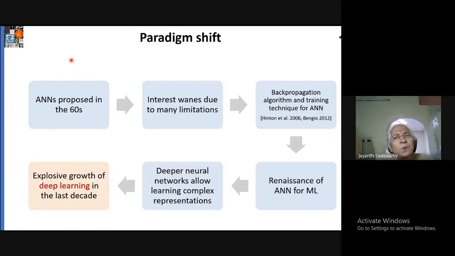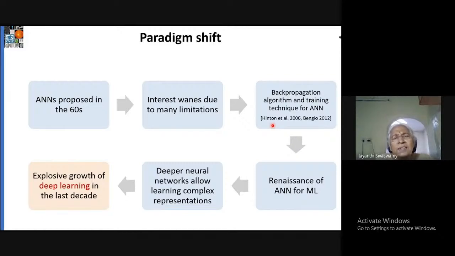Then came post-2000, Geoffrey Hinton, who is considered as sort of the father figure for the renaissance. He came up with a new version of the backpropagation algorithm and a training technique along with Bengio to improve the performance of artificial neural networks.